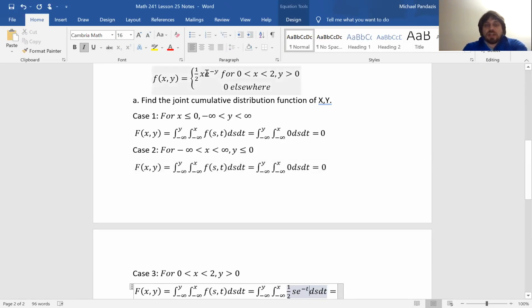That's just 1/2 x e to the negative y, but with s and t instead of x and y.